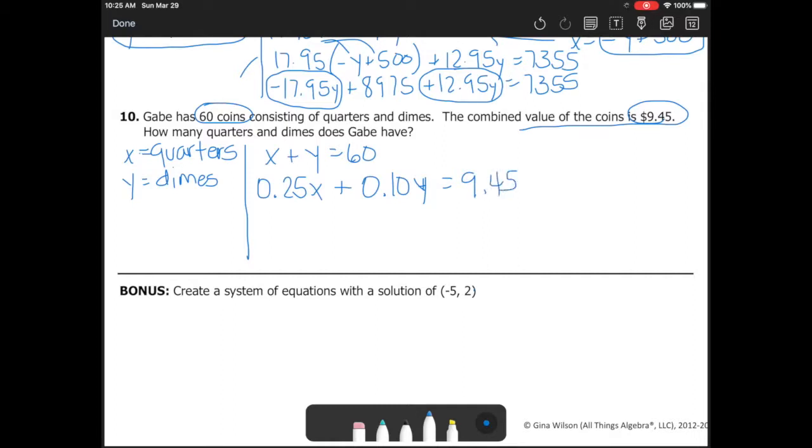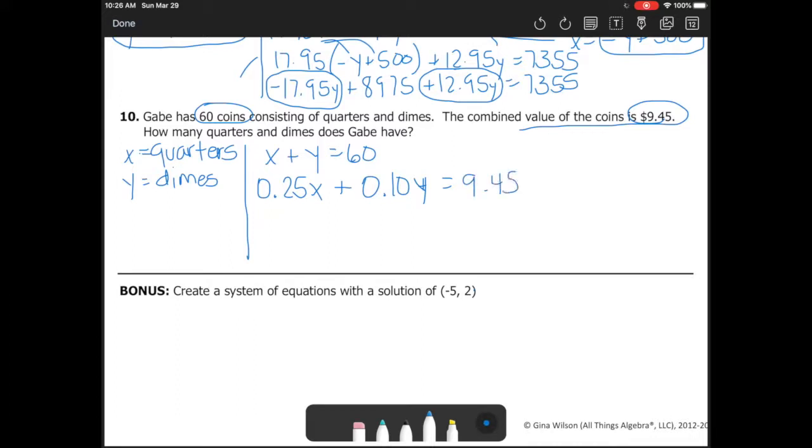It is important to put your 25 and your 10 in decimal form. You can't say 25x plus 10y equals $9.45, because a quarter is not worth $25 and a dime is not worth $10. So just be careful with that.